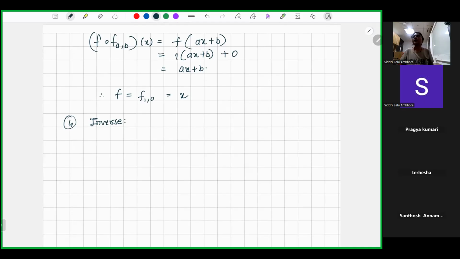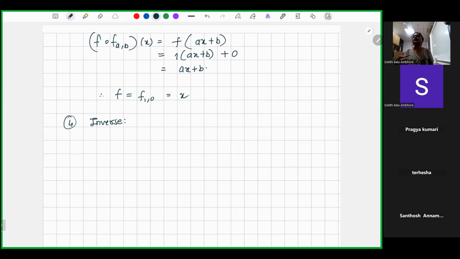Without identity, we can't talk about inverse. So whenever you are talking about inverse, we must have identity. Otherwise, it does not make any sense to talk about inverse. And when identity exists, it is unique. And when we say something is a group, then if the inverse exists, that inverse is unique.